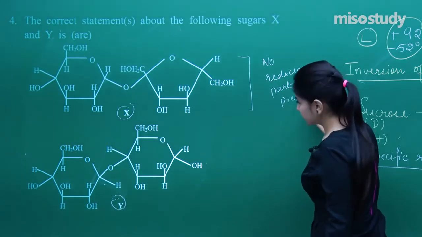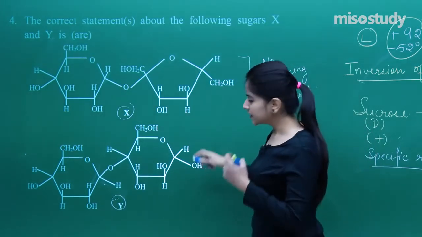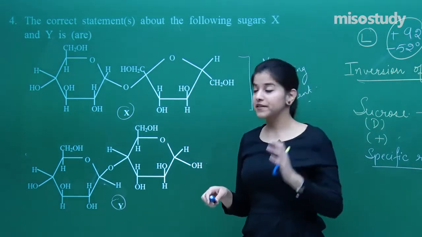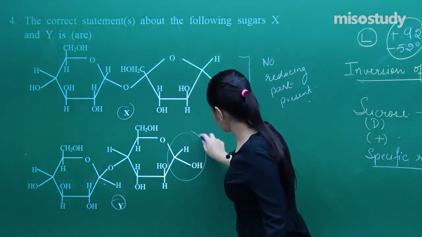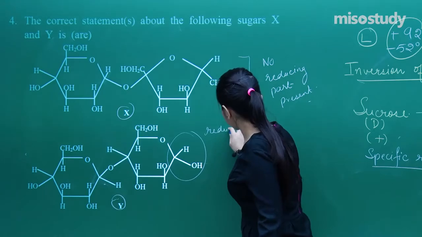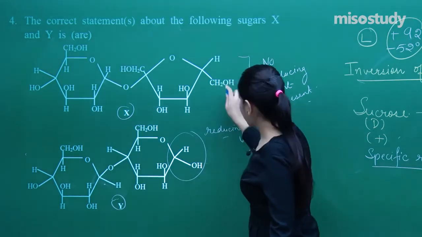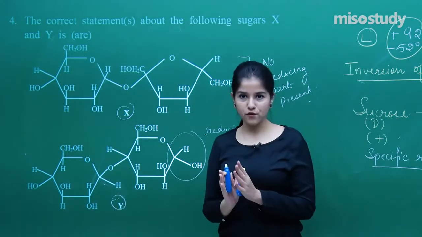And also, if you see over here, there is a reducing part present. In fact, yes, this very part is reducing here. That means this is a reducing sugar and this is a non-reducing. So one thing we have got here.